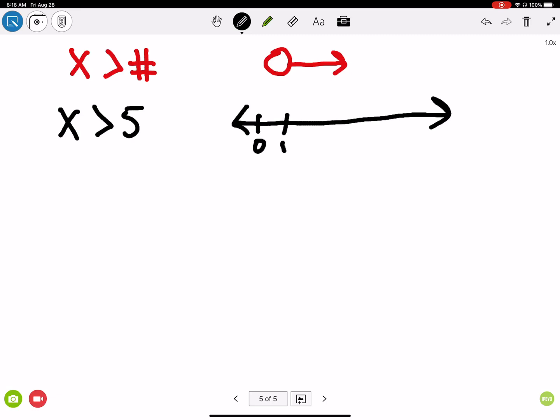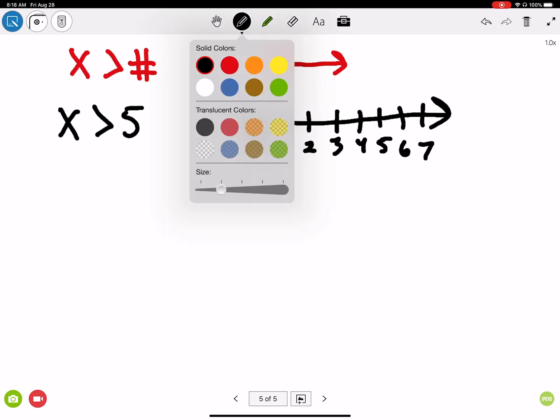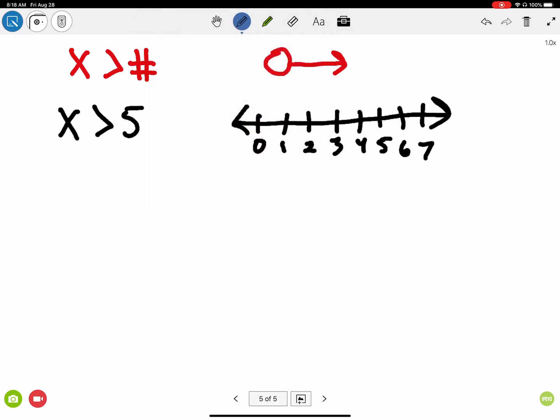here's 0, 1, 2, 3, 4, 5, 6, 7. If I graph this, again, it says x is greater than 5. I know x cannot be 5, so I'm going to put an unfilled or open circle over the 5.